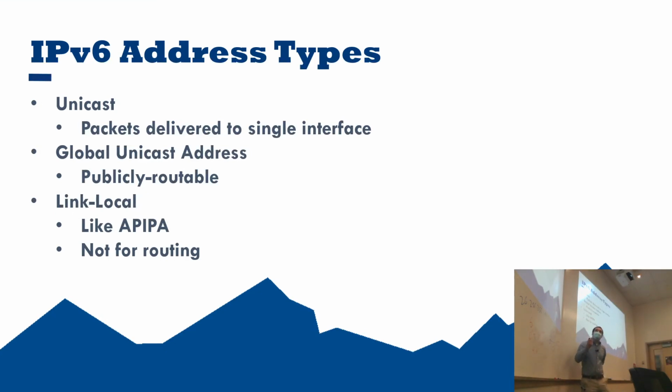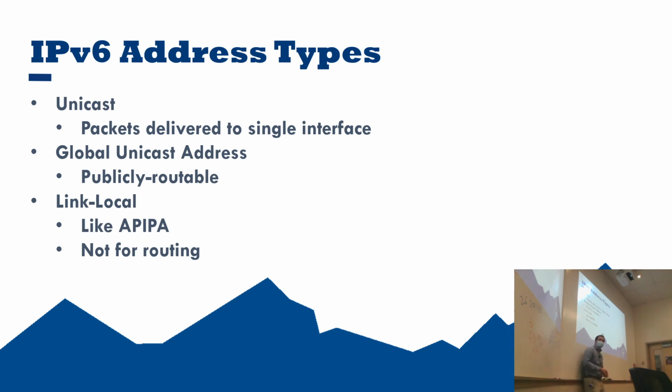Just a little bit about the different address types. Just like with IPv4, unicast goes to a single place. Global unicast is going to be publicly routable and going to a single place. So there's less of a concept of having public versus private IPv6 addresses. I'm not saying it doesn't exist, I'm saying it's less of a thing. A lot of them are going to be publicly routable.